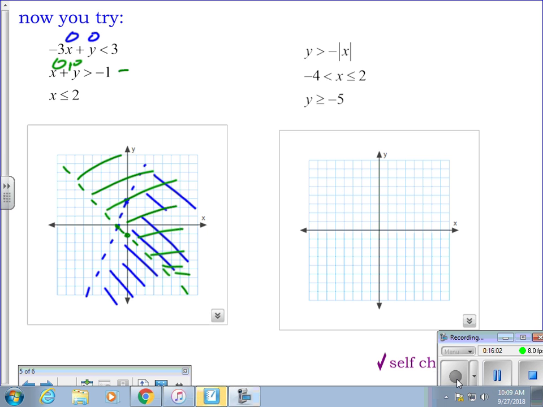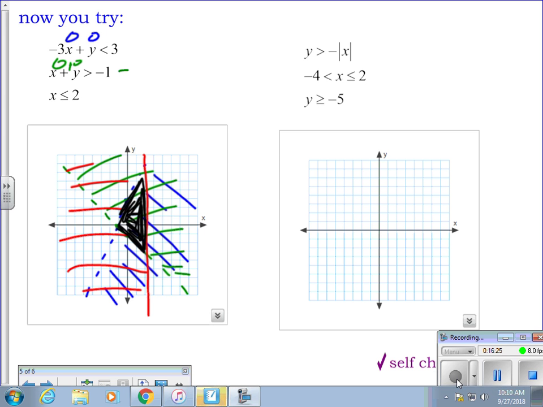So I want to have a solid line on 2. And I want everywhere less than that. So my area is this triangle. Right in there. My overlap area of the three of them.